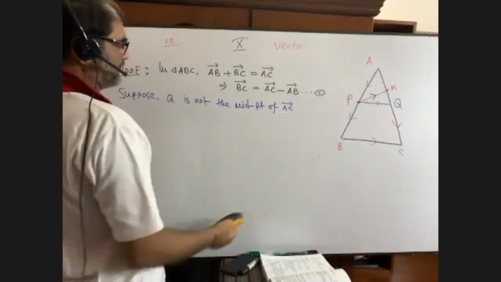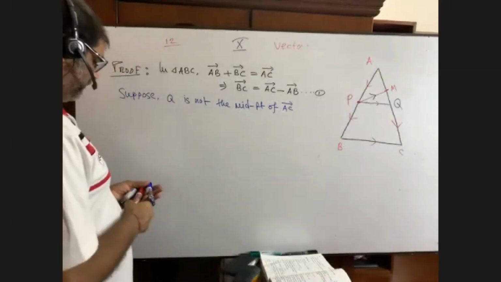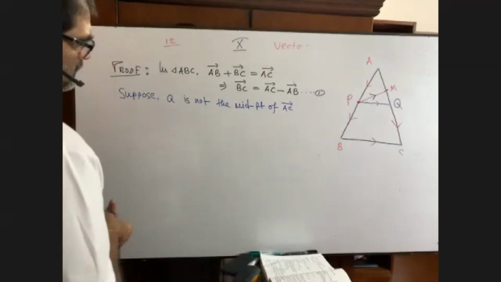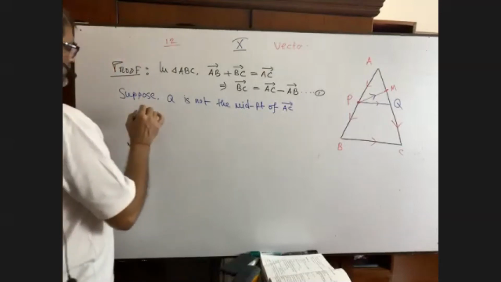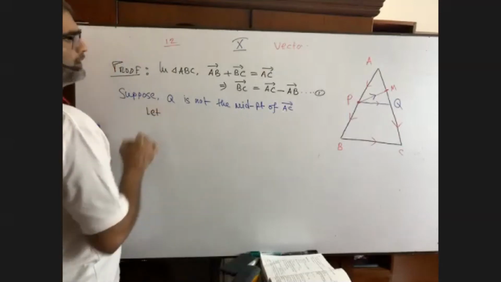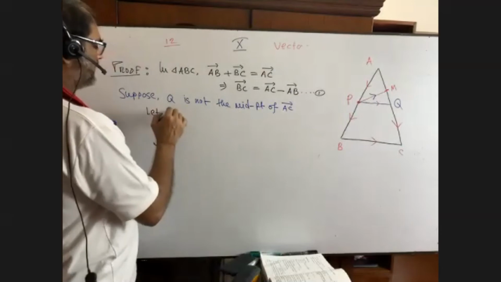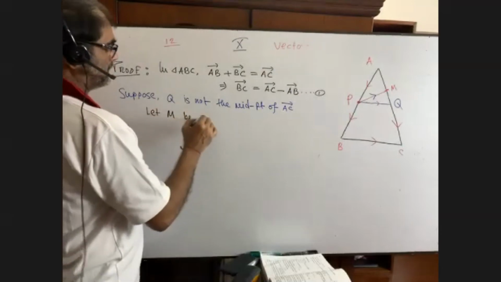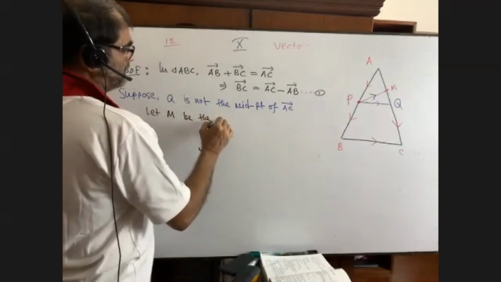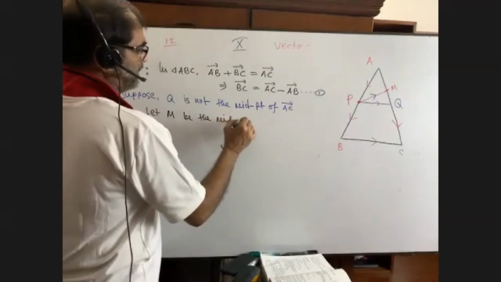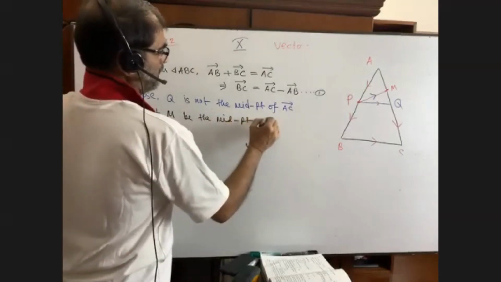Suppose Q is not the midpoint of AC. Very good. Let M be the midpoint of AC.